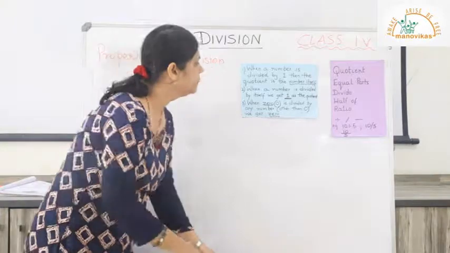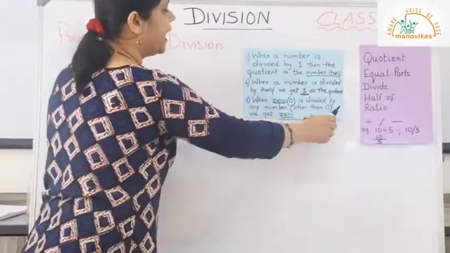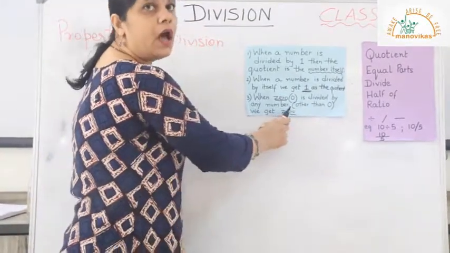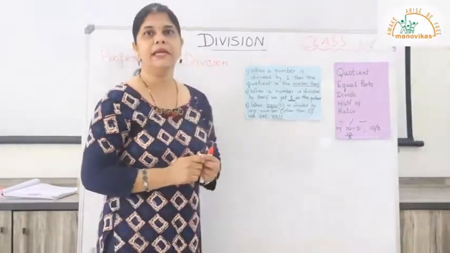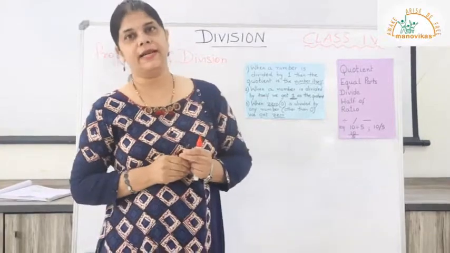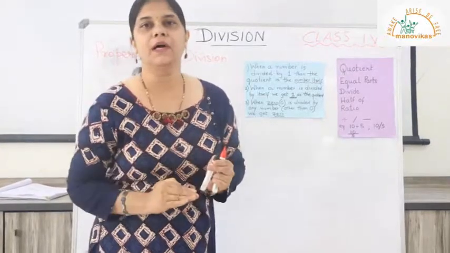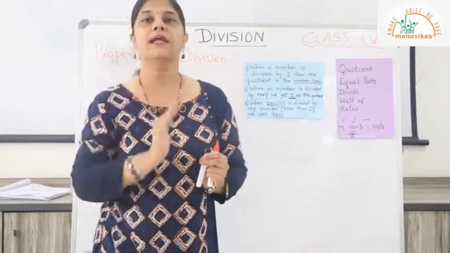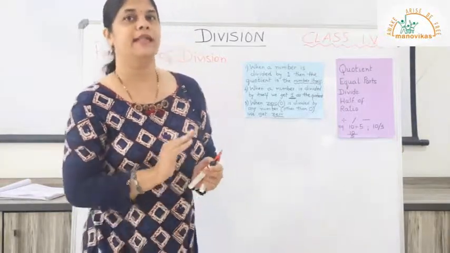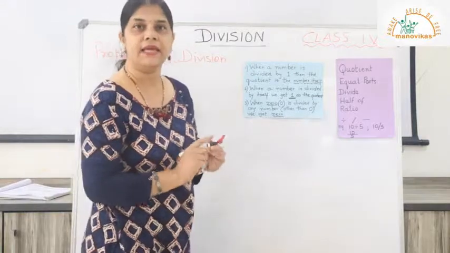The third property, when 0 is divided by any number other than 0, we get 0. I repeat, when 0 is divided by any number other than 0, remember this, the number has to be other than 0, then the answer again will be 0.